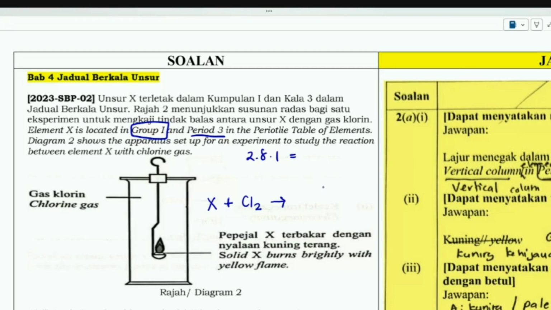One product or two products? Go and search for it, under group 1, right? What is the product, class?